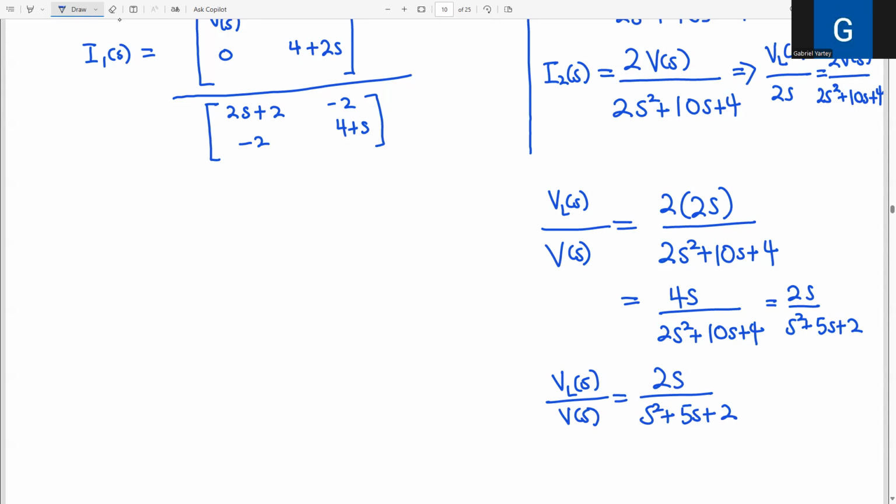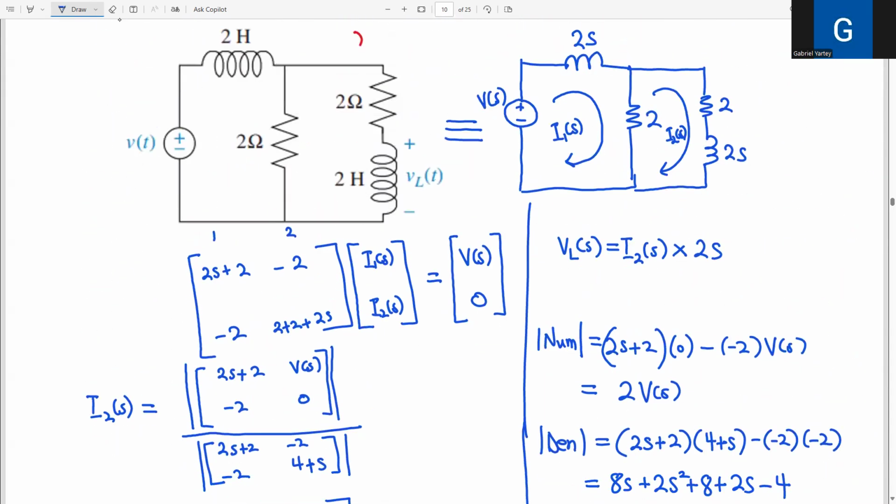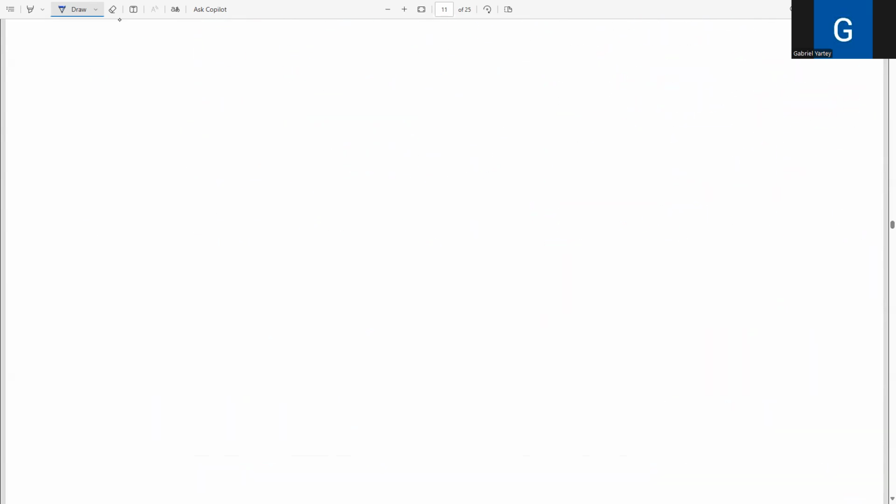If it's a ramp, you know how to go about it. If it's a parabolic function, you know how to go about it. Great. Let's move on to the next one and see if we understand.